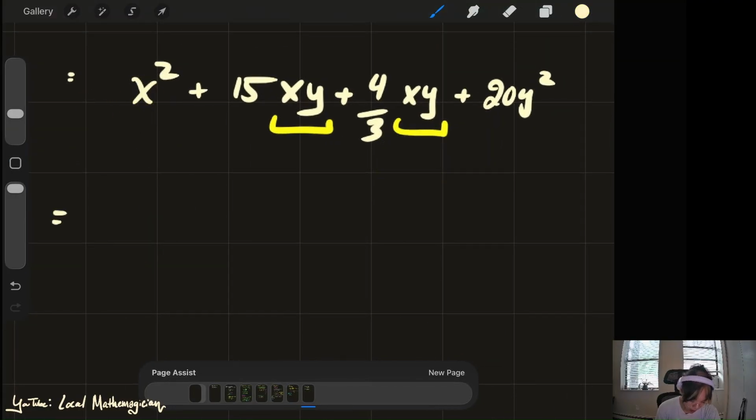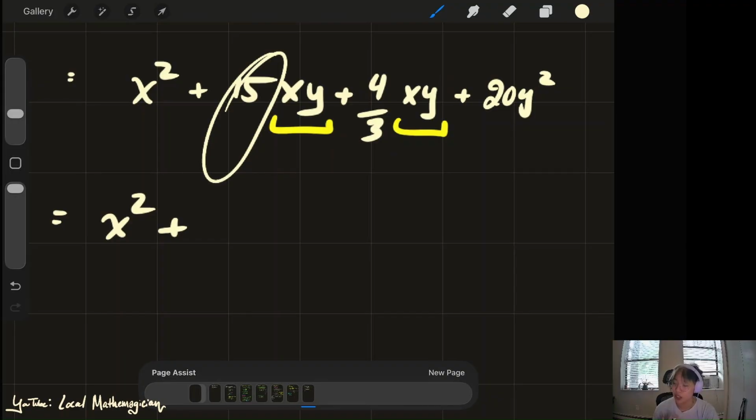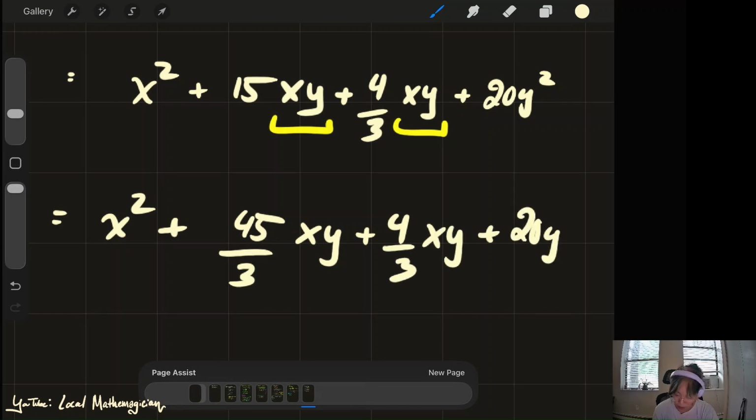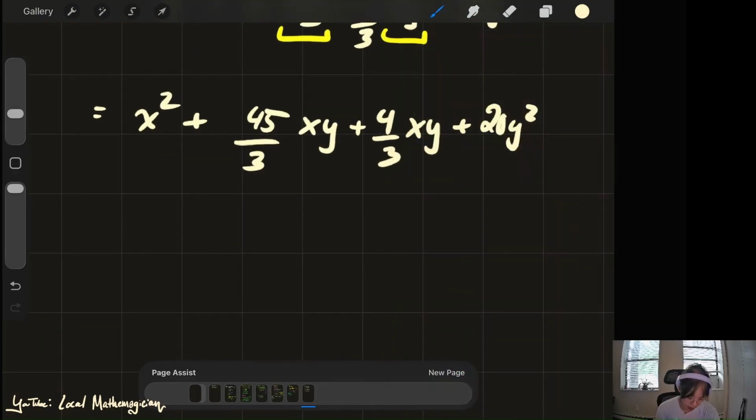So if we were to combine this, this gives you x squared plus, this is a fraction, this is not. That's okay. Let's turn it into a fraction with a common denominator of 3. All right? So this becomes 45/3 xy plus 4/3 xy plus 20y squared, right?